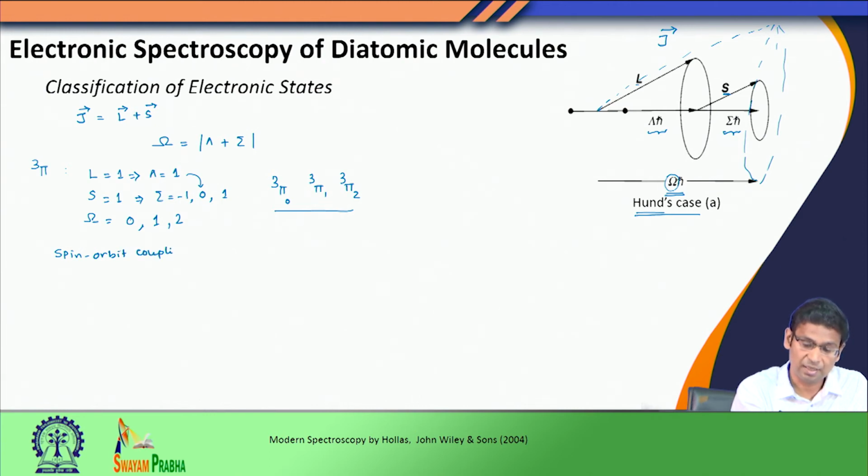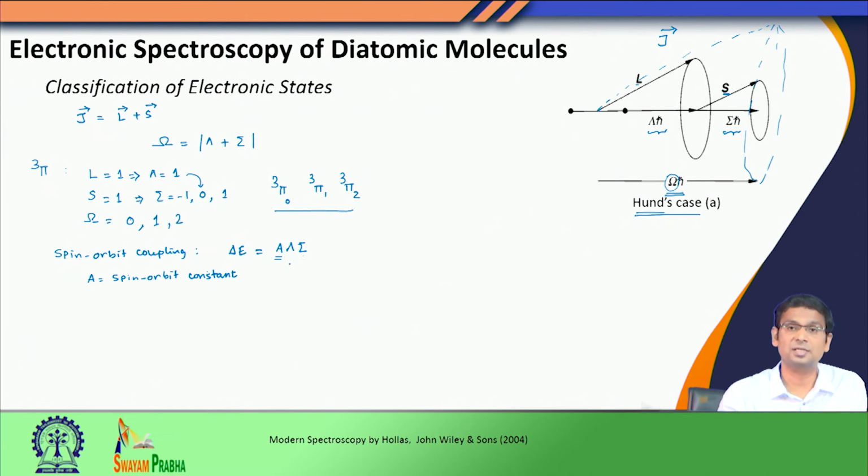The spin-orbit coupling induces a change in the energy level of these states, and this delta E, the change because of the spin-orbit coupling, is given by this phenomenological expression A lambda sigma, where A is the spin-orbit constant, lambda is the projection of L onto the internuclear axis, and sigma is the projection of S onto the internuclear axis.